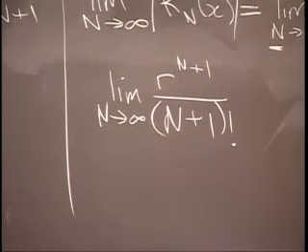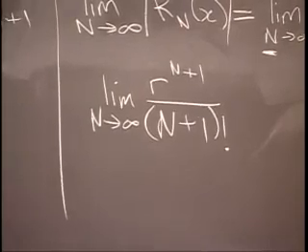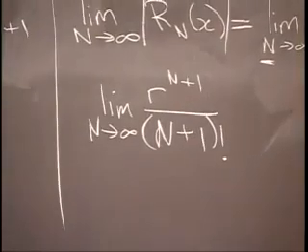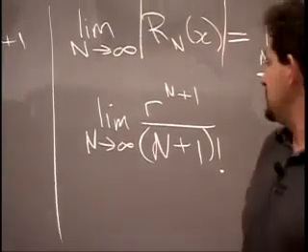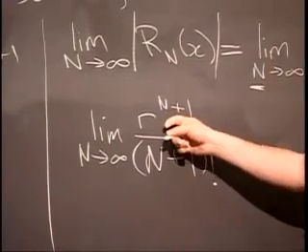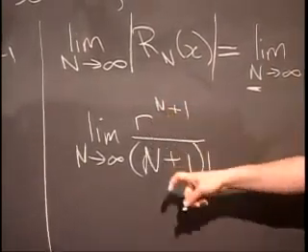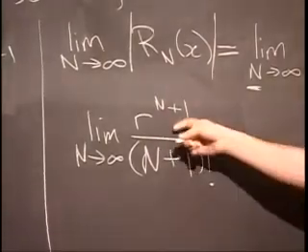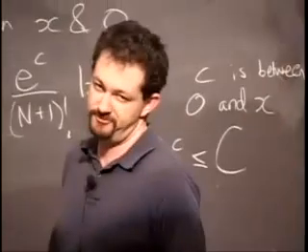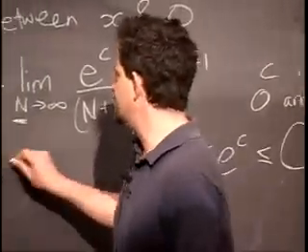Now that's an interesting fact that deserves a proof. I am not going to spend time on the proof. Instead, I encourage you to look at the end of chapter 24 for this proof, to show that the exponentials, although they grow really, really fast, think of this as like 2 to the n, or 2 to the n plus 1, grow fast, but factorials are really, really fast. Faster than exponentials. They crush them. So that limit is 0.